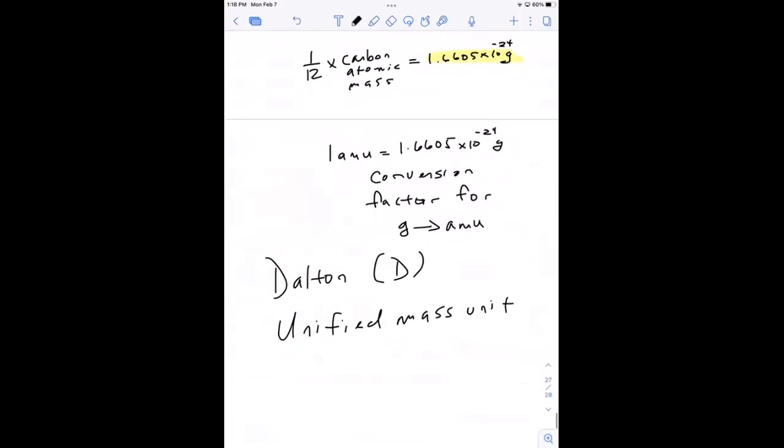So you might see the mass of an atom given in Daltons or in U's or unified mass unit, which is the symbol U. But those are all equivalent to AMU without any type of conversion necessary. So you can see the atomic mass given in Daltons or U's or AMU. But for this class, we're going to stick to atomic mass units, AMU.